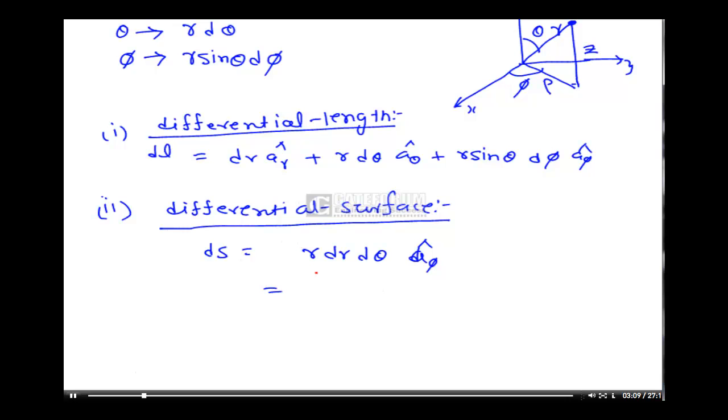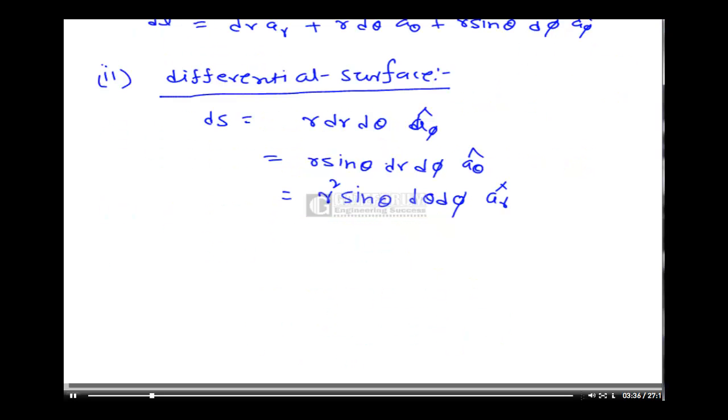That is equal to r sin theta dr d phi. Normal direction a theta is equal to r square sin theta d theta d phi ar. So depending upon the plane, we have to use any one of the differential surfaces. So these are the three differential surface elements possible.